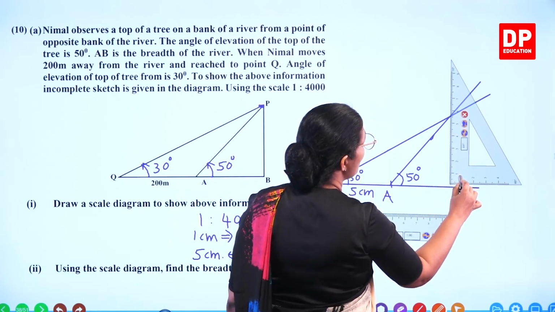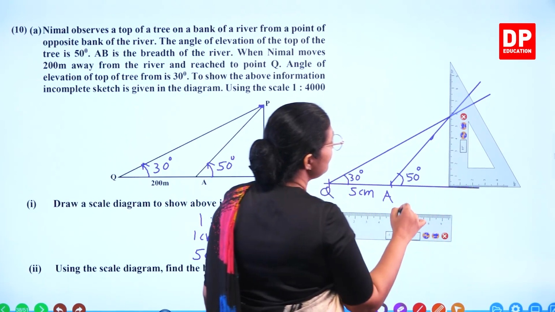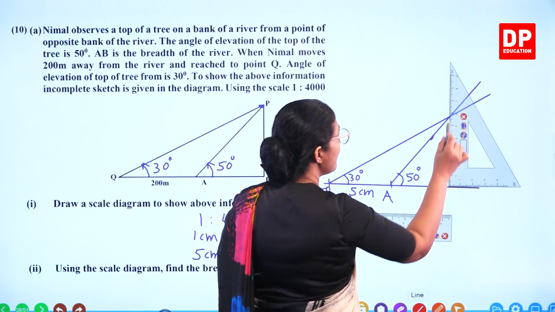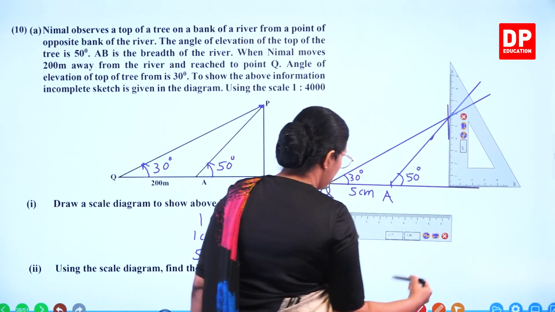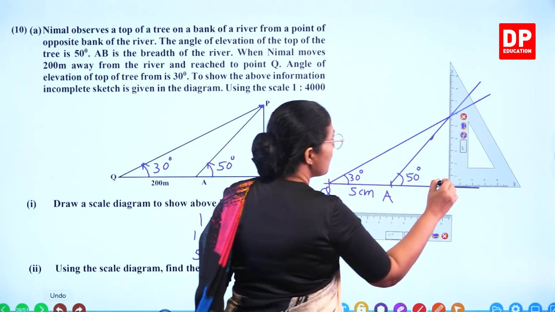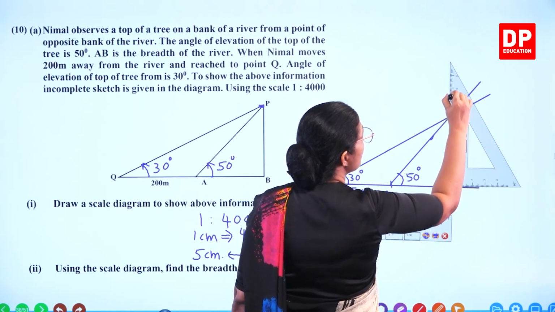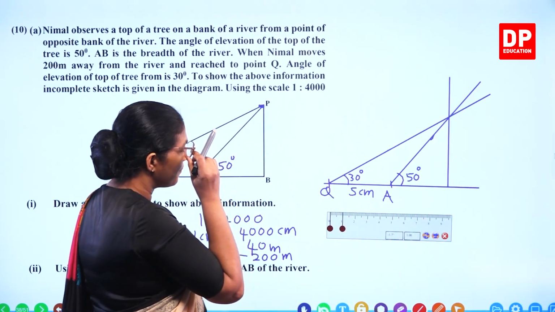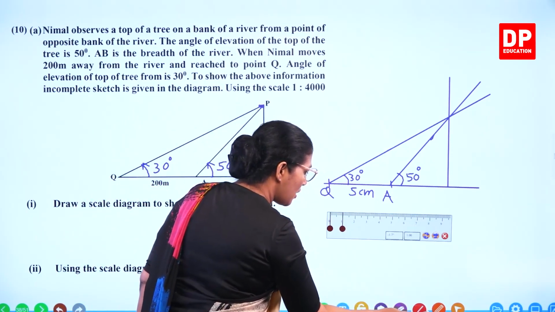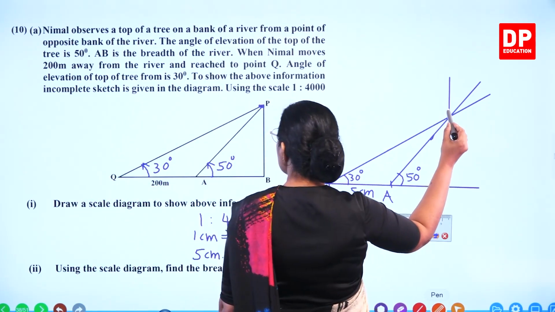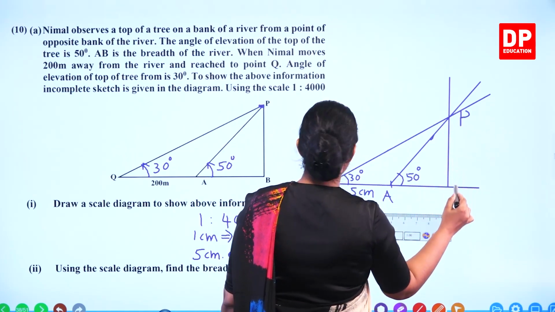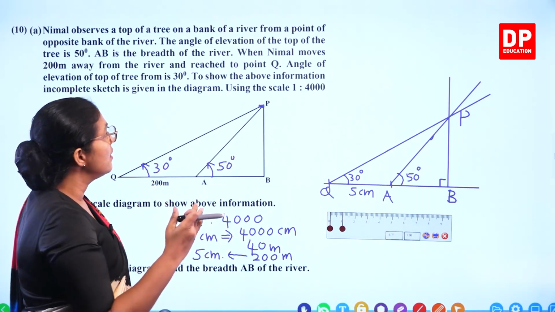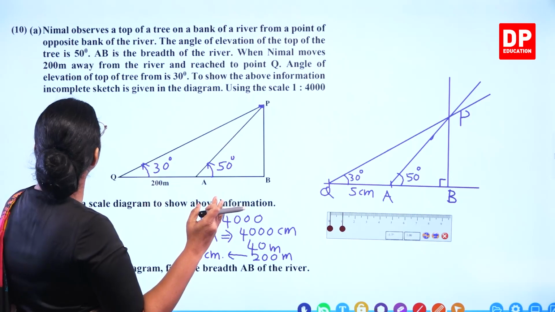So let's draw the perpendicular line from here, like this. You can mark, this is P and this is B, and we know this is 90 degrees, the horizontal line and the vertical one. This is the tree.